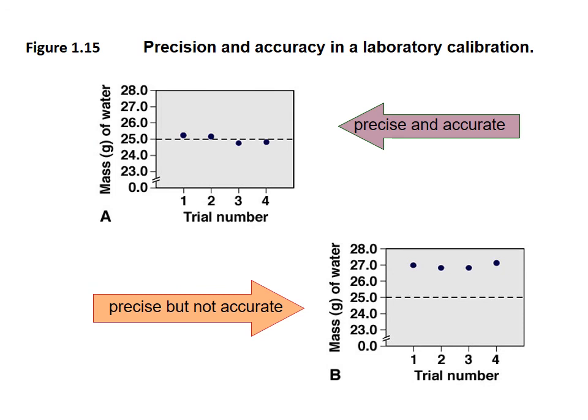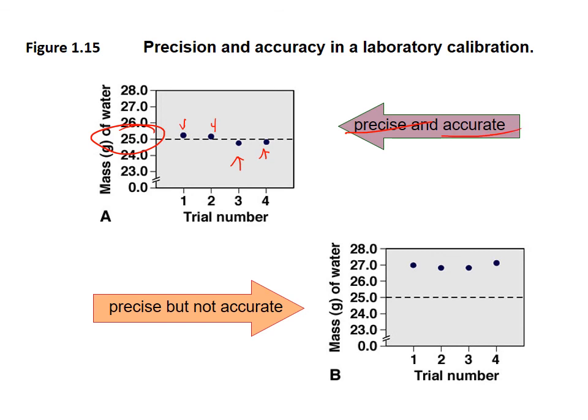This diagram shows the comparison of precision and accuracy. The actual value for the mass is 25. This is the actual value, and the 4 measurements here are very close to each other and also close to the actual value. So this measurement is precise and accurate.